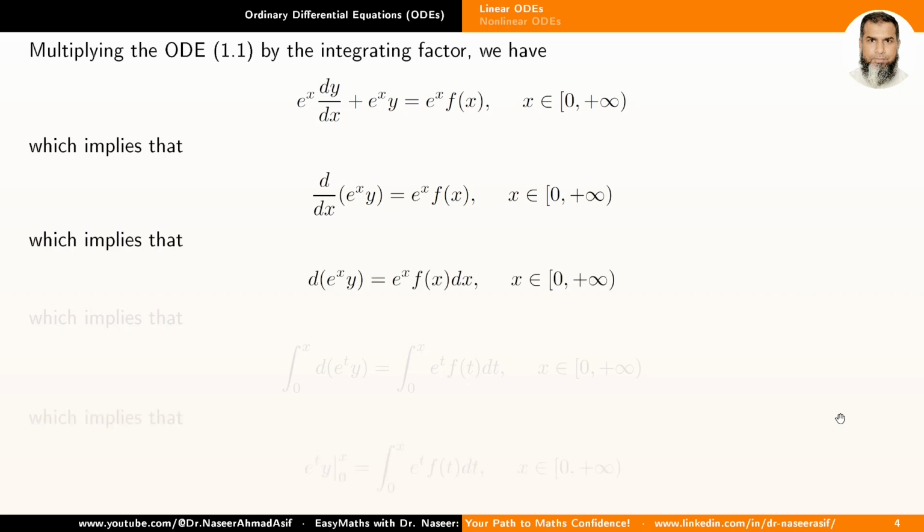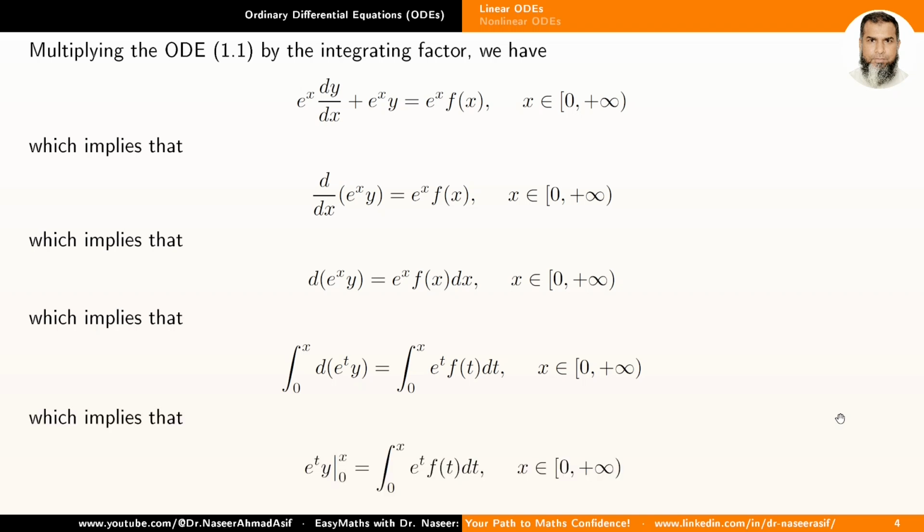So we have d(e^x y) = e^x f(x) dx, where x belongs to the closed interval 0 to plus infinity. Now integrating from 0 to x, we have the integral from 0 to x of d(e^t y) is equal to the integral from 0 to x of e^t f(t) dt.